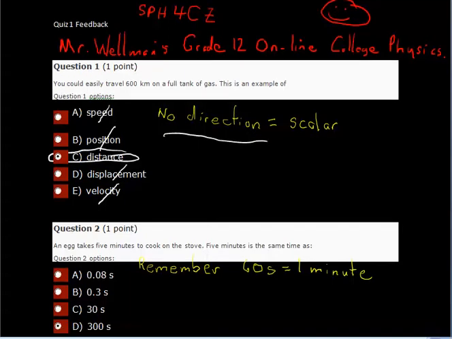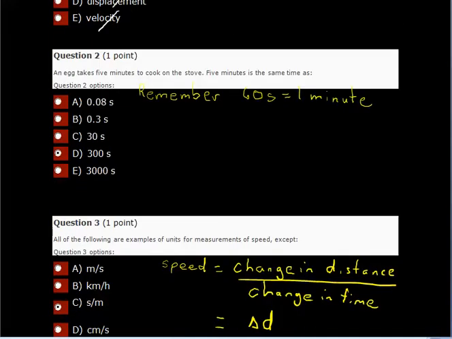Question number 2 asks, an egg takes 5 minutes to cook on a stove. 5 minutes is the same time as, well, the trick to this one is, remember, that's 60 seconds in 1 minute. So you have 5 minutes times 60 seconds per minute.